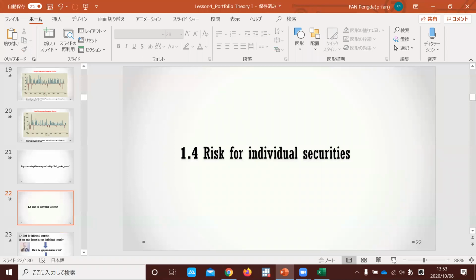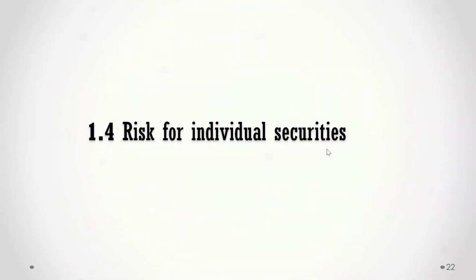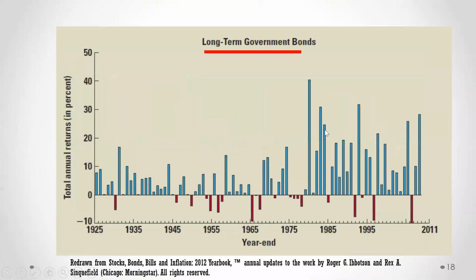Okay, so we already understand how to calculate the return for individual stock. The next one is we need to calculate the risk for individual security. So the risk of a security can be simply captured by the up and down.